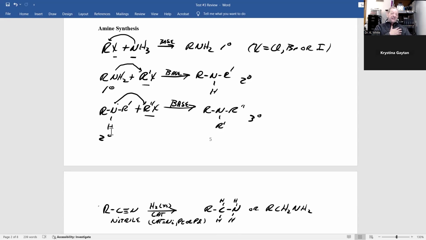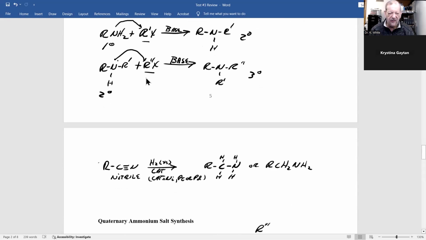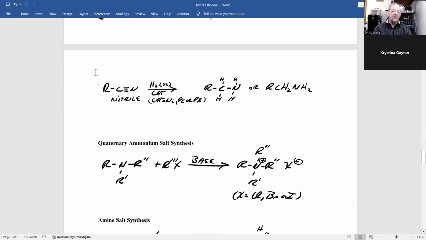Now, something again near and dear to my heart, because when I joined the chemical industry, this was the first reaction I did research on.